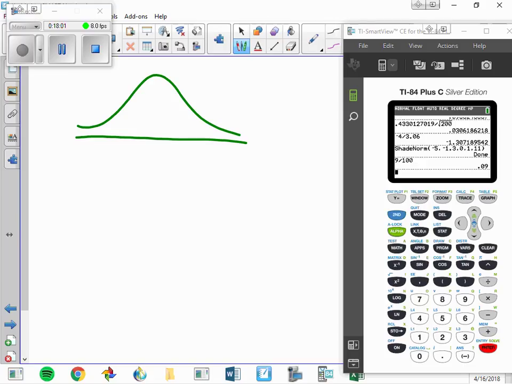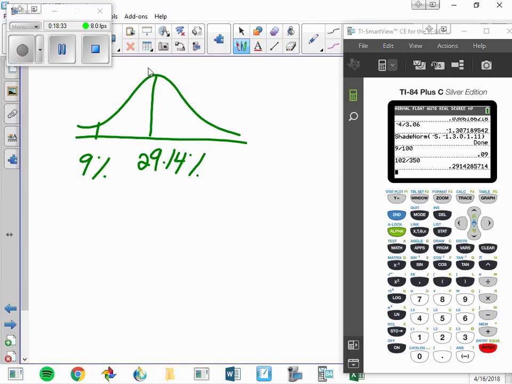So the first one, the chance of getting 9% is 0. And you guys could work the numbers, but that one was so far off it was obvious. In this case, my population has 102 out of 350. So my population is 29.14% female. What's the chance that we end up with 9% female?